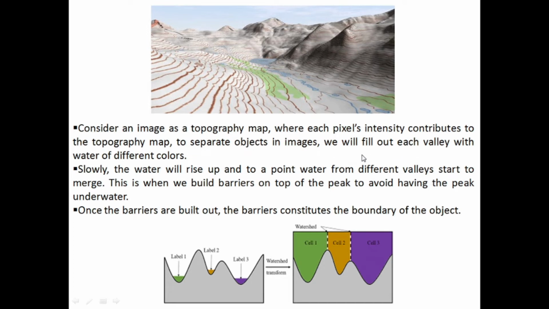These topography maps are maps that provide detailed, comprehensive information in the form of a graphical representation of any geographical feature on the surface of the earth. Like this image, which is some geographical feature, this geographical feature is represented in a graphical format.